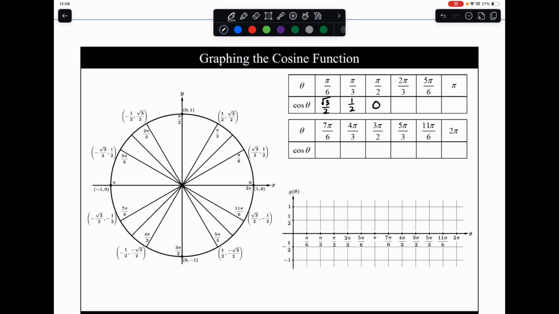So with cosine functions, you'll notice that these x-coordinates are decreasing in value because, since our angles are rotating in a positive direction right there, we're getting closer again to the y-axis.